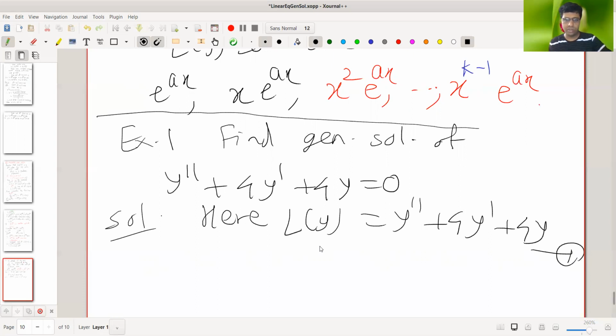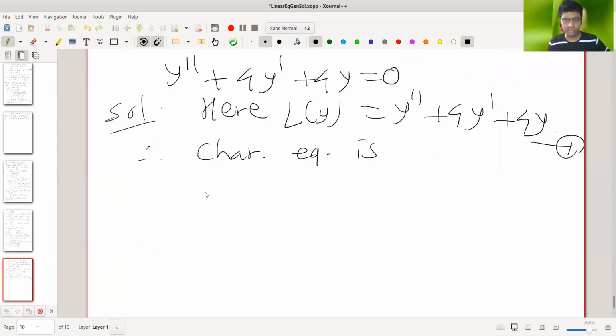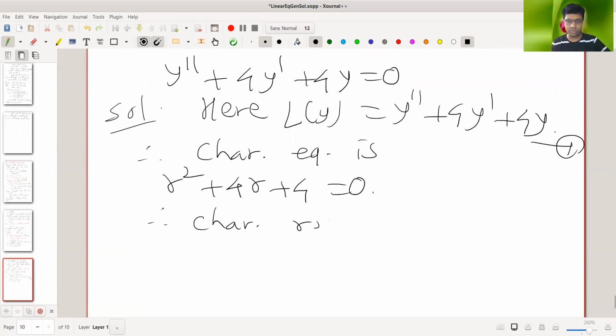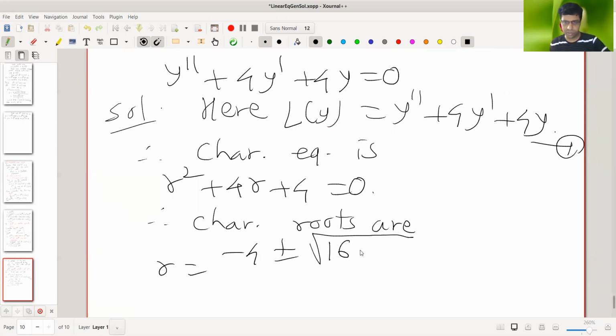Therefore the characteristic equation is r square plus 4r plus 4 equal to 0, and therefore the characteristic roots are r equal to minus 4 plus minus square root of 16 minus 4 into 1 into 4, that is 16, divided by 2, which is minus 2 only.